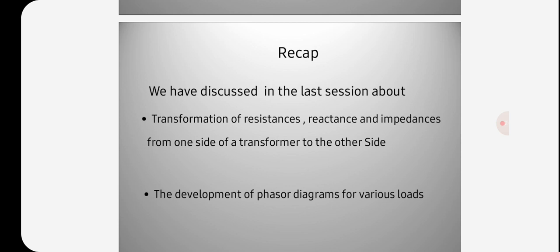So E1 is equal to V1 minus I1 R1. Then we have the vector diagrams of a transformer with resistive effect for a purely resistive load, that is unity power factor, an inductive load, that is lagging power factor, and a capacitive load for leading power factor.